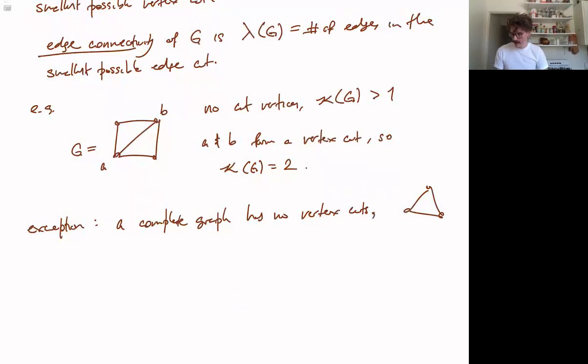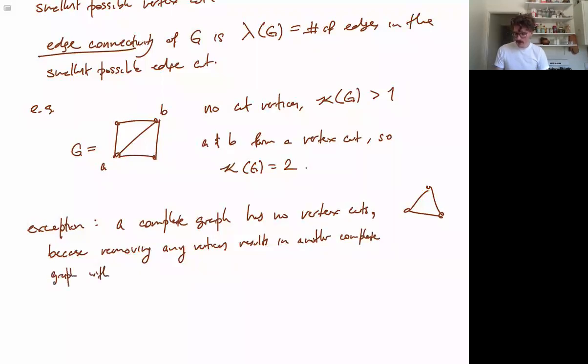Basically because removing any vertices results in another complete graph with fewer vertices.